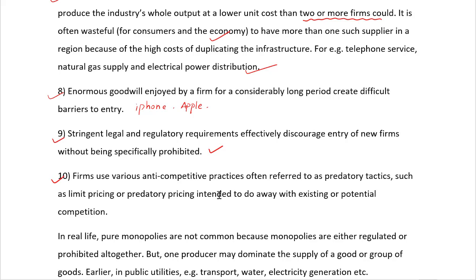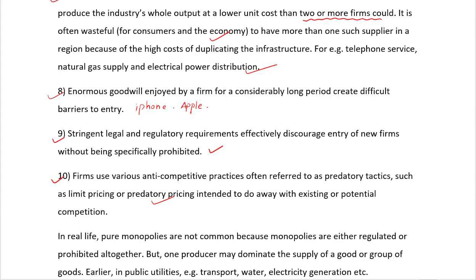10th, firms use various anti-competitive practices, often referred to as predatory tactics, such as limit pricing or predatory pricing, intended to do away with existing or potential competition. Generally predatory pricing is not allowed. It is considered illegal in most countries because it violates the basic law of competition.